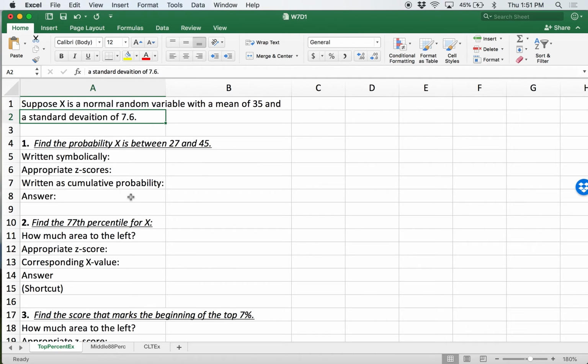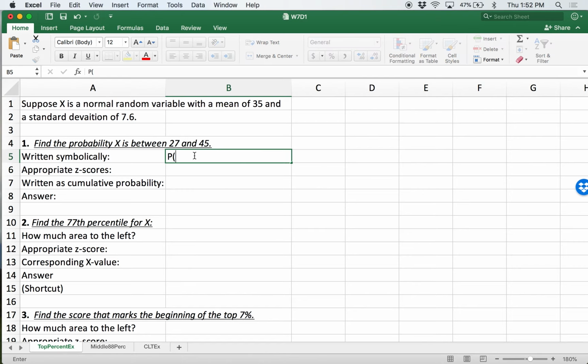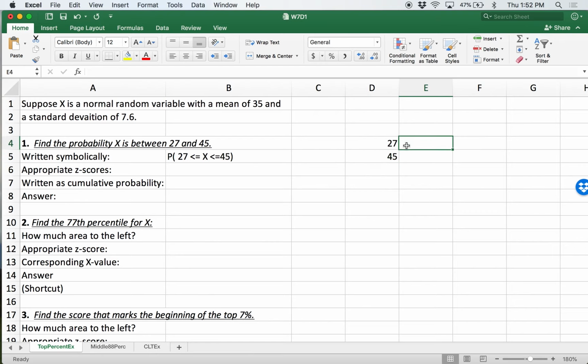And we can use them to answer questions like we were considering last class. In this case, we're looking for the probability that x is between 27 and 45. So if we write this symbolically, we'll do a little bit of a review here. We can write it in terms of inequalities inside of a probability. Using the appropriate z-scores, we take 27 and 45 and convert these to z-scores by taking the measurement minus the mean and dividing by our standard deviation.